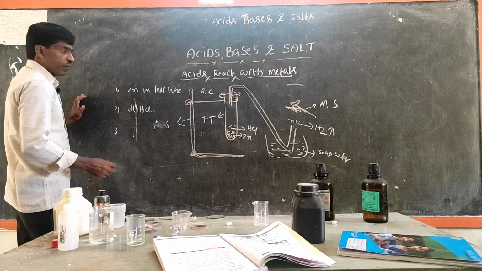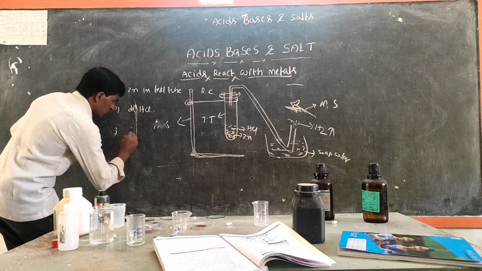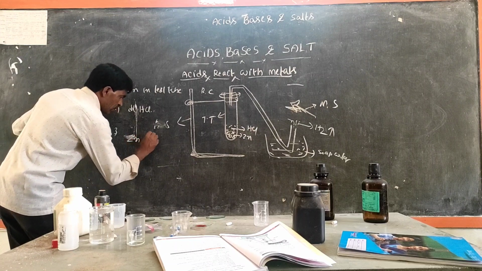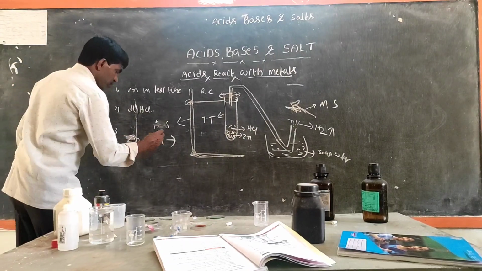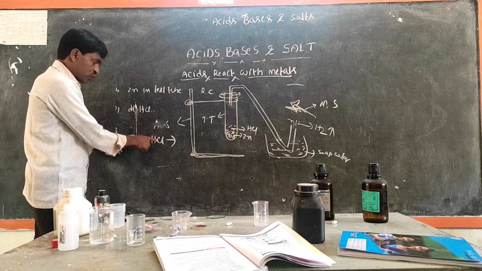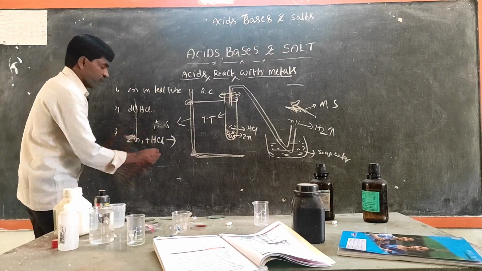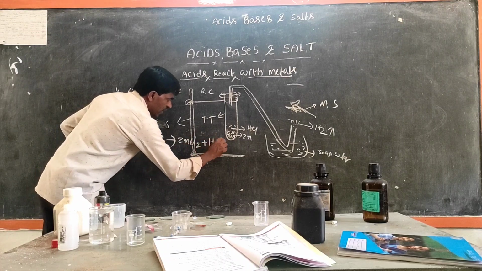When metals like zinc react with hydrochloric acid in a test tube, they form zinc chloride and hydrogen gas.